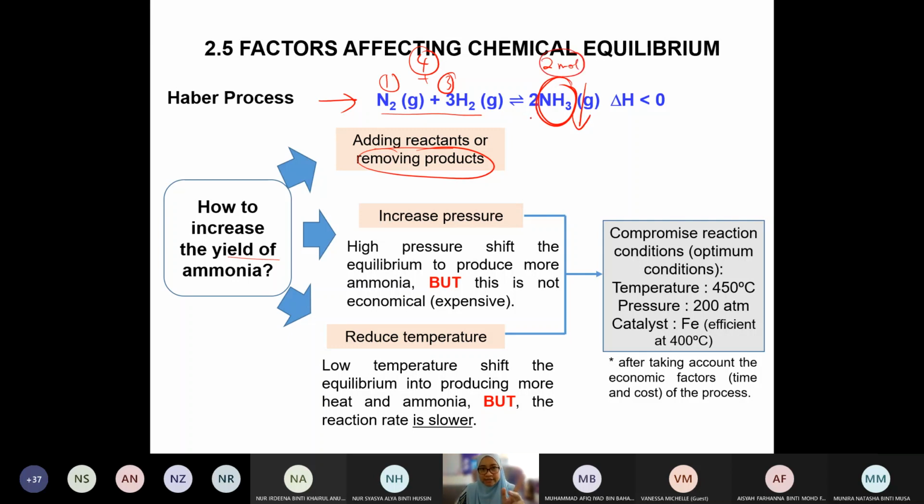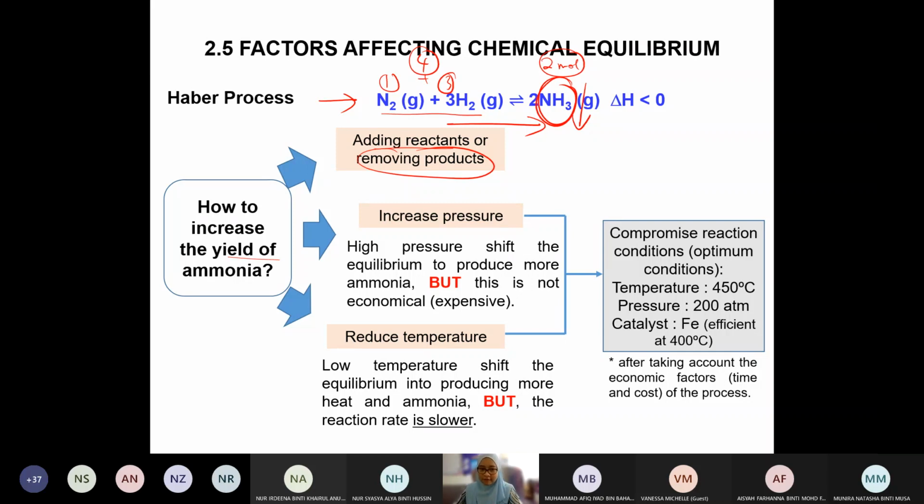So when pressure increases, the system is stressed and has to reduce the pressure back, so the system needs to shift to the side producing fewer molecules. Fewer molecules means less pressure, which is to the right, producing ammonia, our target product. See? We can play with the reaction by applying the concept of Le Chatelier's principle.